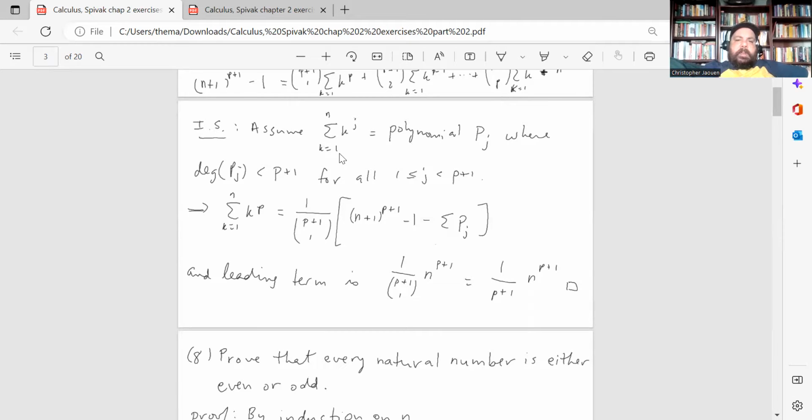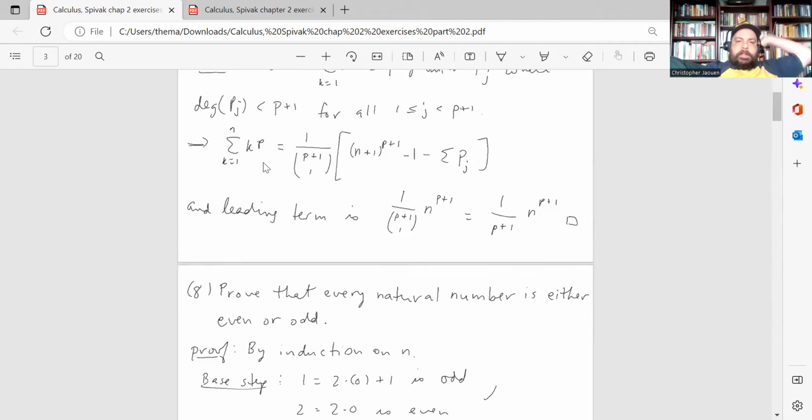So let's assume that the sum, k going from 1 to n, of k to the j power is equal to a polynomial p sub j, where the degree of p sub j is less than p plus 1. So in other words, let's assume that this sum is some polynomial of degree less than p plus 1, for all j between 1 and p plus 1.